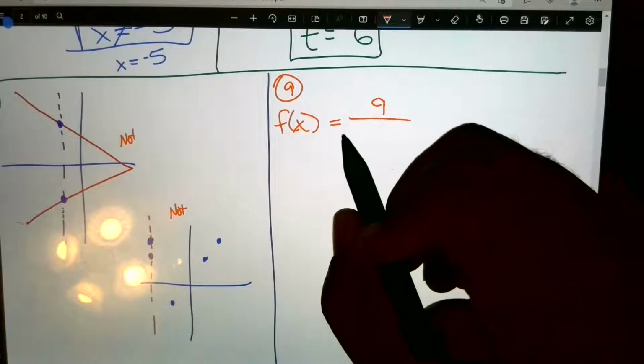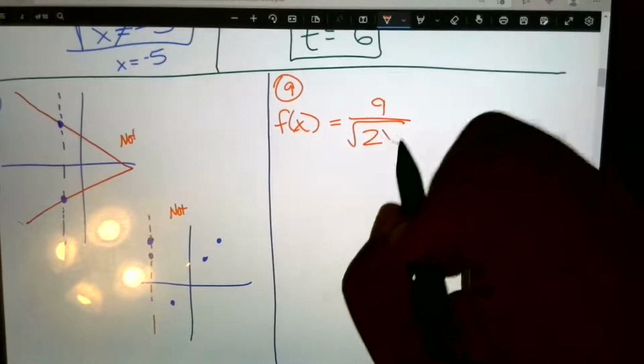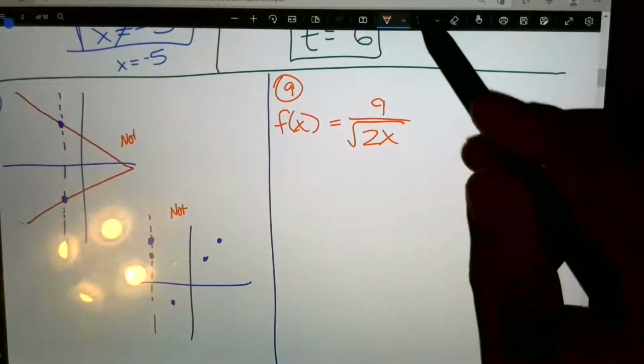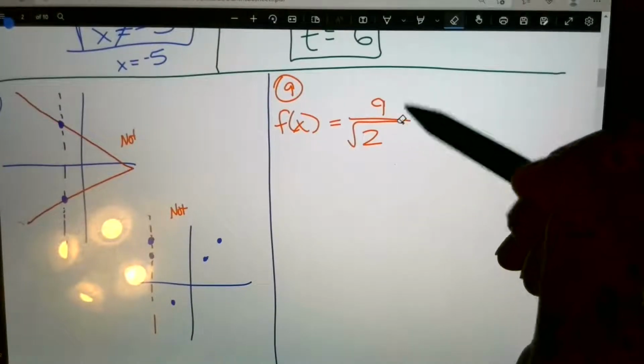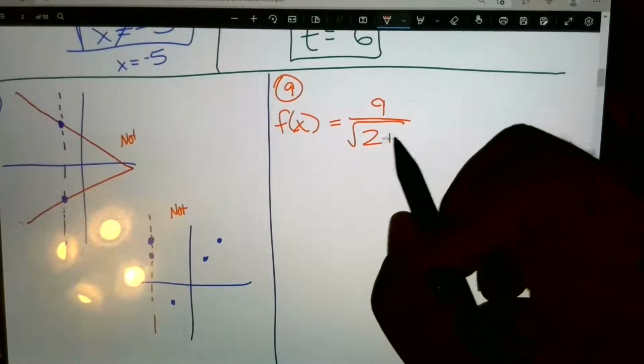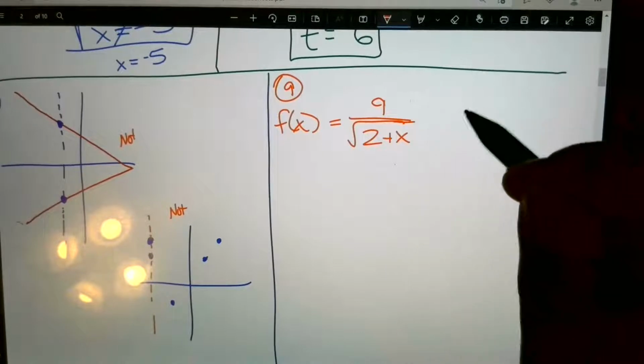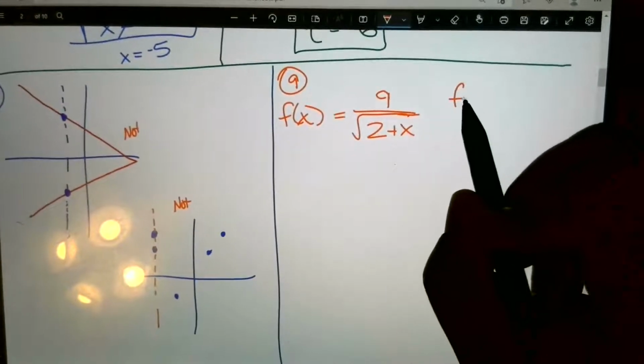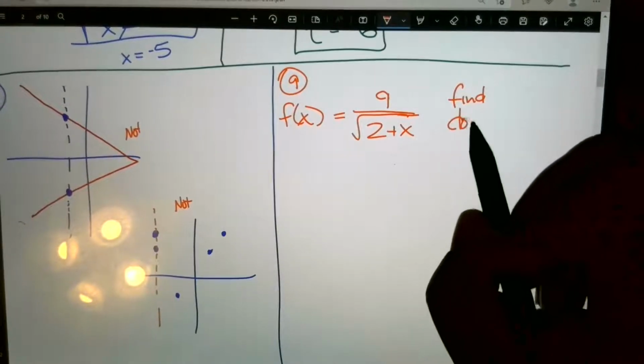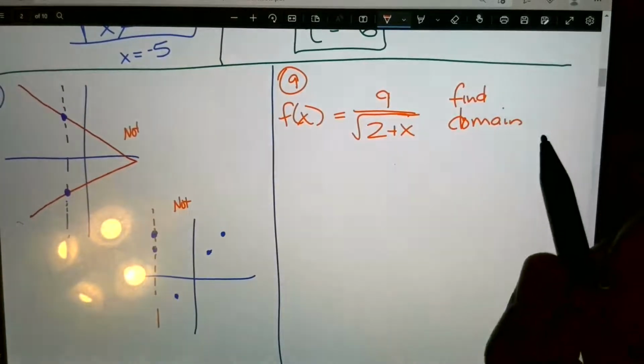9 over square root of 2 plus x. And they want us to find the domain of this. Okay.